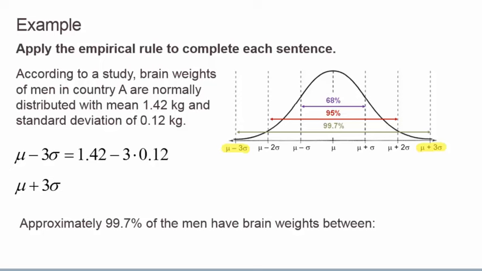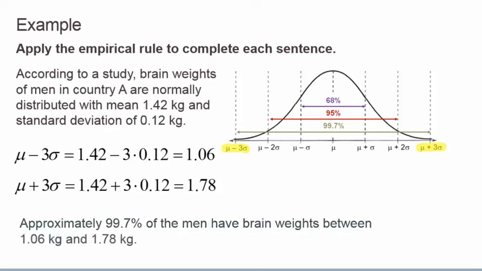Substituting, we have 1.42 minus 3 times 0.12, which is 1.06, and 1.42 plus 3 times 0.12, which is 1.78. Approximately 99.7% of the men have brain weights between 1.06 kilograms and 1.78 kilograms.